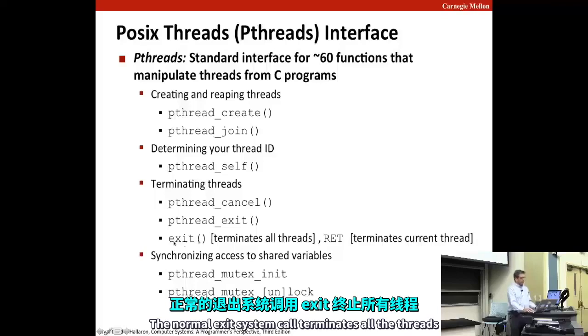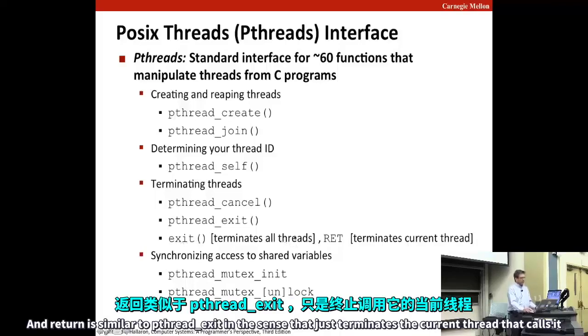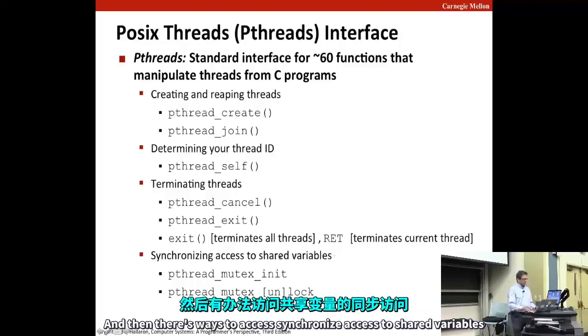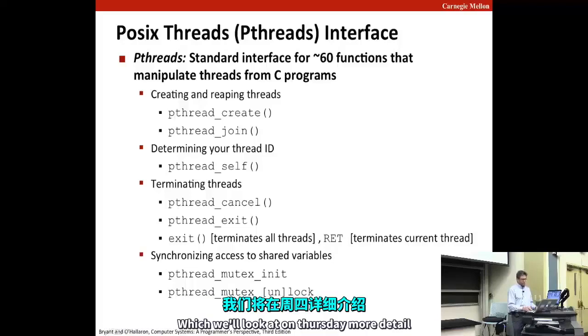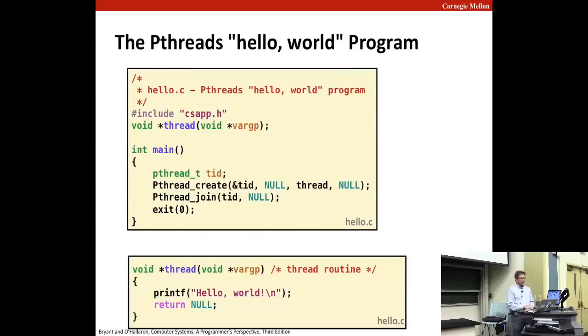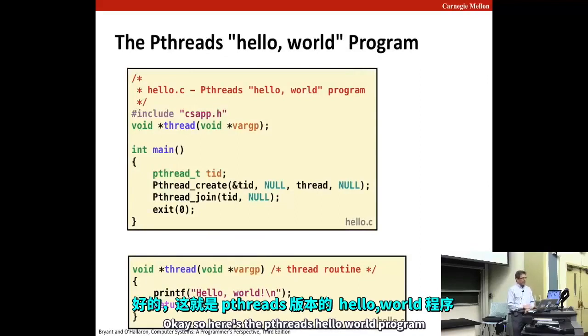The normal exit system call terminates all the threads, and return is similar to pthread exit in the sense that it just terminates the current thread, the thread that calls it. And then there are ways to synchronize access to shared variables, which we'll look at on Thursday in more detail. Okay, so here's the pthreads Hello World program.